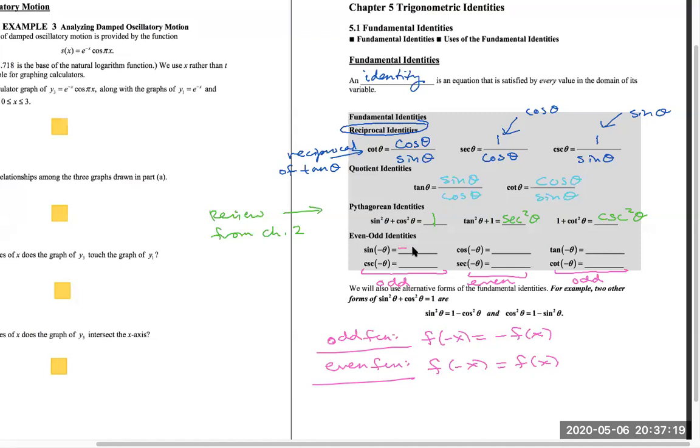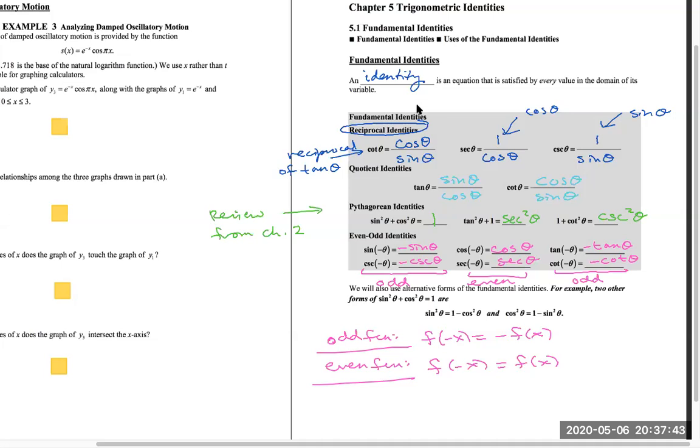So we would expect negative sine theta and negative cosecant theta as odd functions. Then the odds at the end, negative tangent theta and negative cotangent theta respectively. And then the even functions, that's where you just get cosine theta and secant theta back.